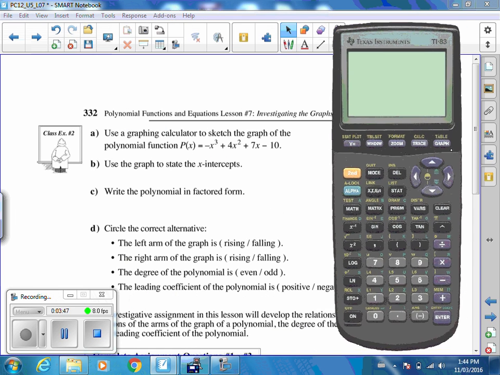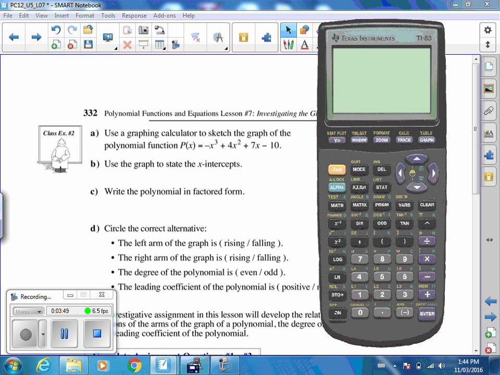So pull out my handy-dandy graphing calculator. Y equals, clear that out. So -x cubed plus 4x squared plus 7x minus 10. Now what we're going to do is graph it.